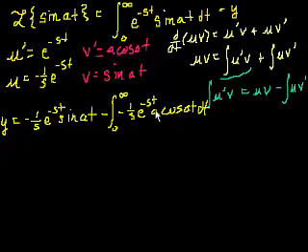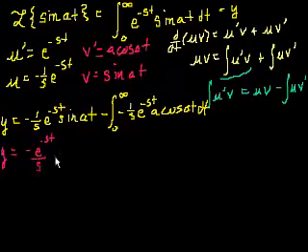Well, now we have another hairy integral we need to solve. So this might involve another integration by parts, and it does. Let's see if we can simplify it. Let's take the constants out first. Let me just rewrite this. So we get y is equal to minus e to the minus st over s sine of at.